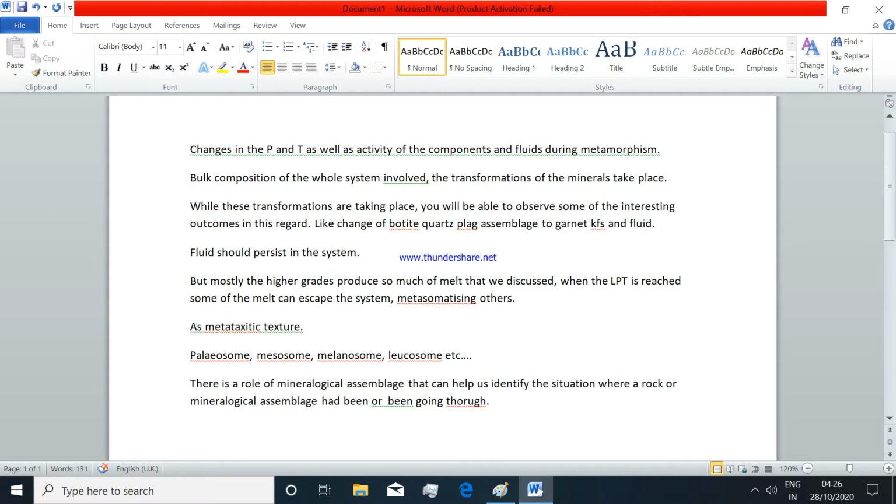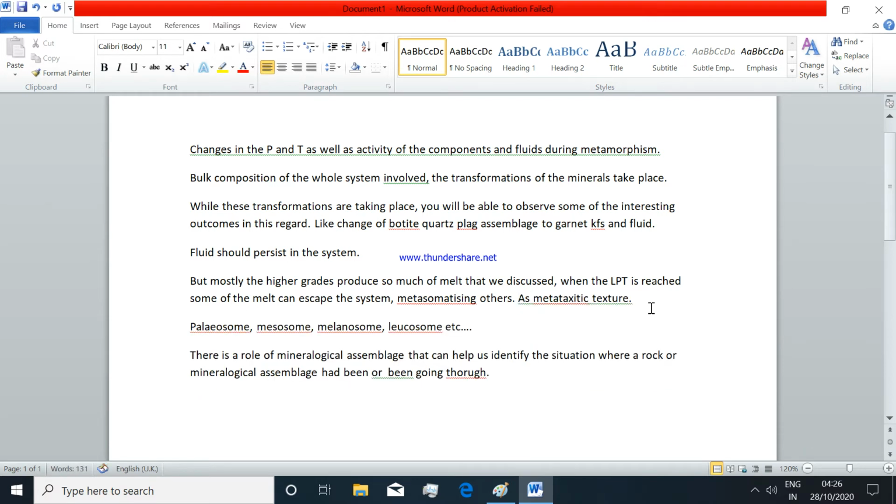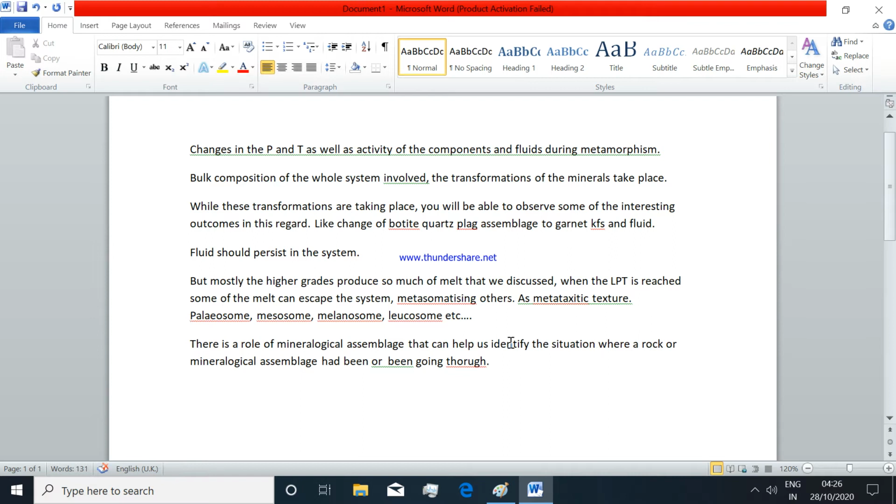Now the reasonings, as well as the different types of things that we are going to understand, as well as these different types of textures that we will see, are different ensembles of minerals, and these sets of minerals will be known as facies.